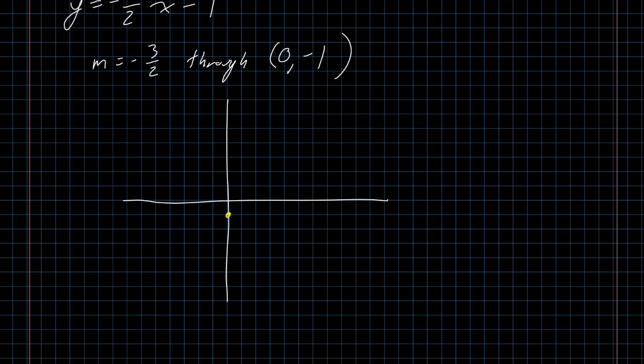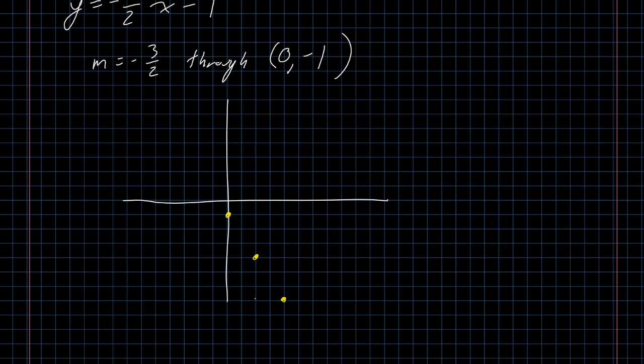I can either think about that as -3 over 2, which takes me to here. Do that again, -3 over 2. Negative 3 over positive 2 brings me here. Negative 3 over positive 2 again brings me here.